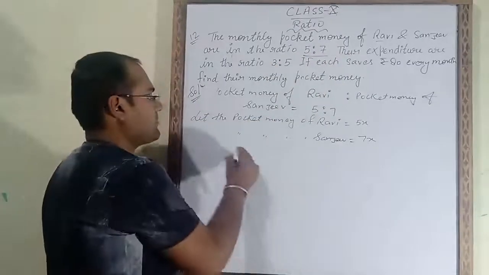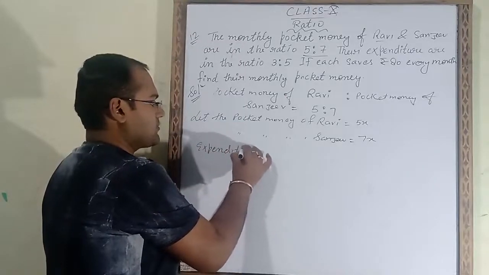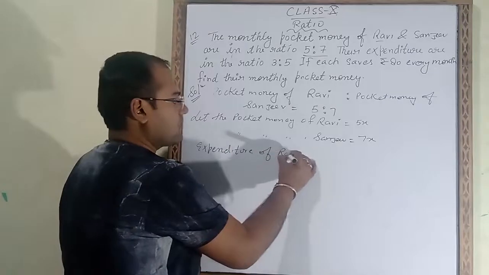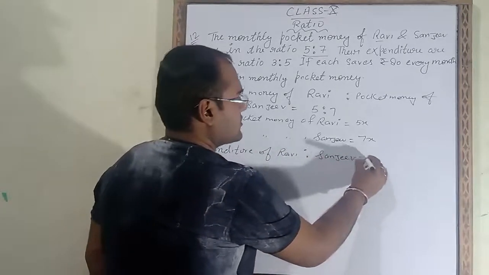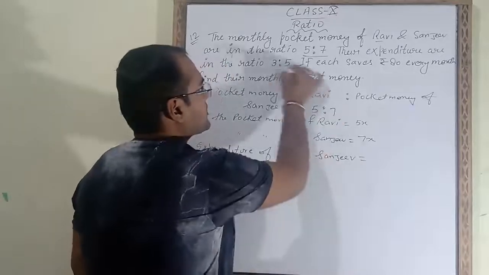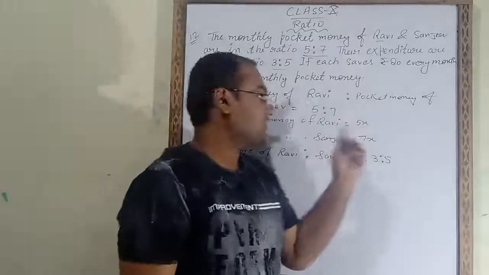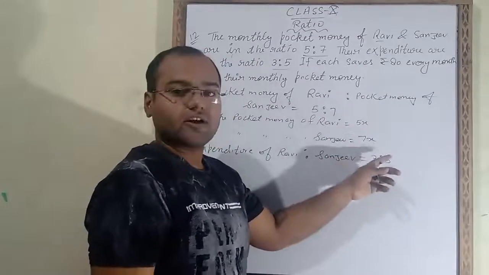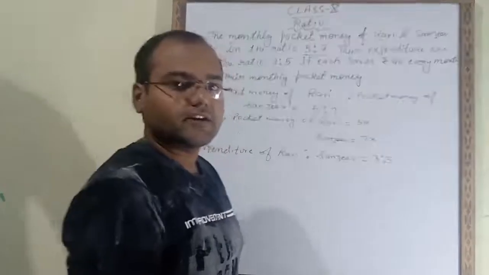So what we will write here? Expenditure of Ravi ratio expenditure of Sanjeev. How much it is given? 3:5. So in previous ratio we had assumed 5x and 7x. Now here we will not take x alphabet, we will assume another alphabet. Let's say it is y.